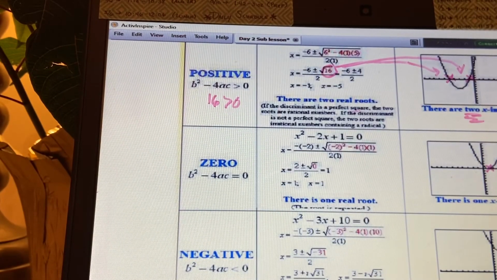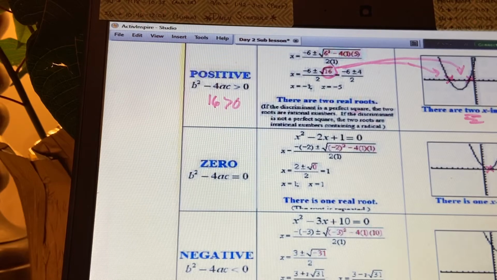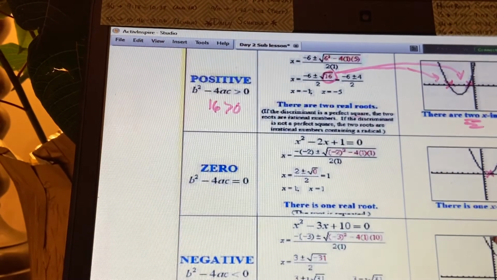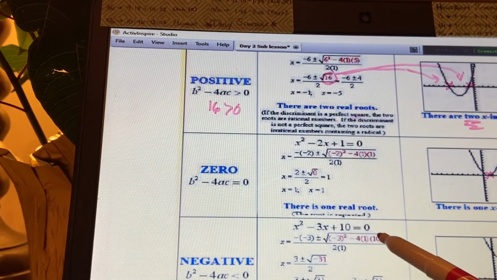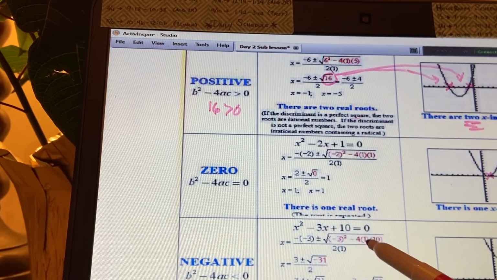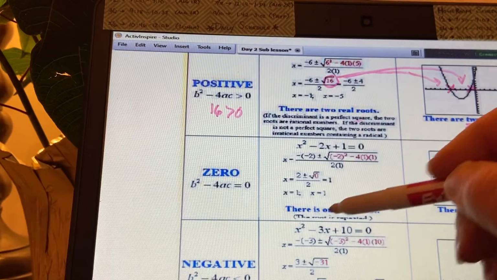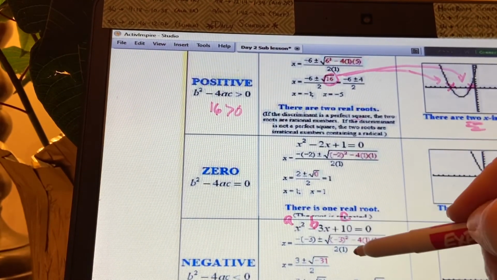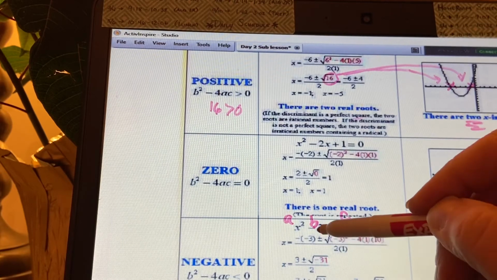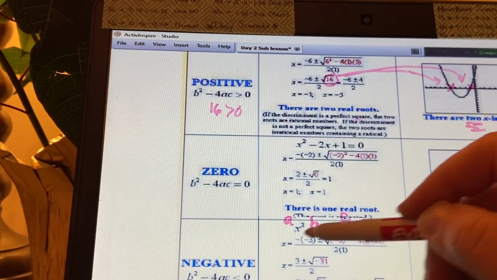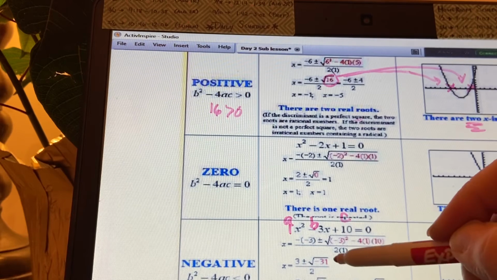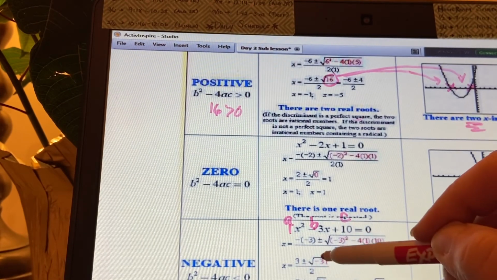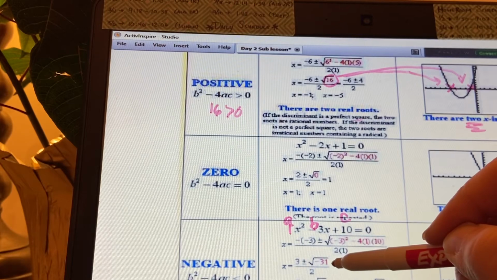And the last situation, and this is where your algebra 2 will come into play. Someday, you're going to be able to find the imaginary roots to this. So if you do the discriminant work, you put your b squared minus 4 times your a times your c. So here's my b, here's my a, here's my c. So negative 3 squared minus 4 times 1 times 10. You do that math, you get negative 31.